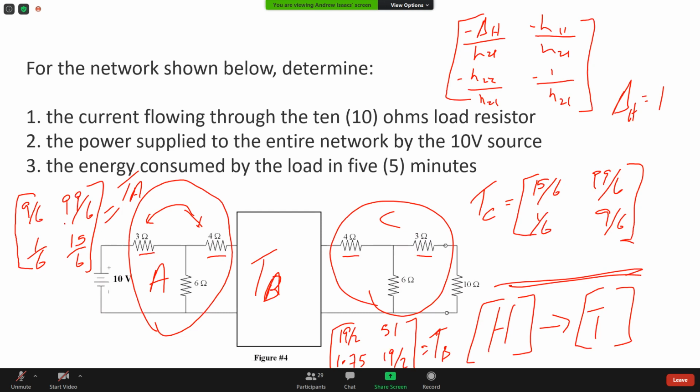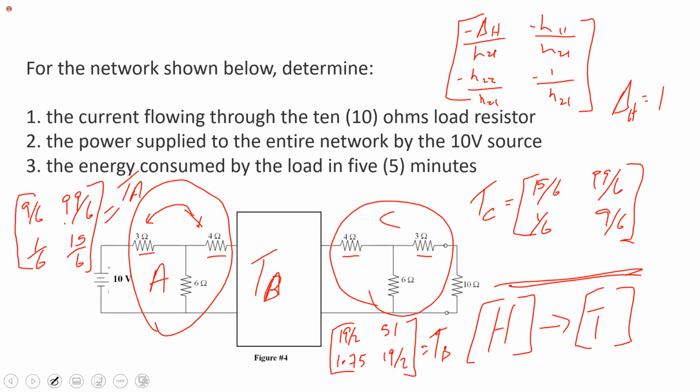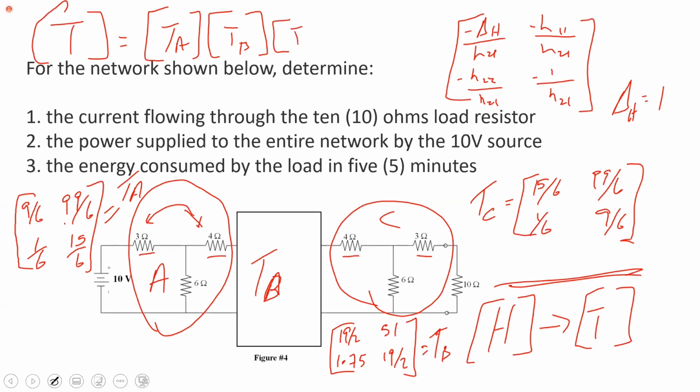All right, now once you have these, then you're doing T. And remember, it must be in the same order that the networks are connected. So it's TA, TB, TC.